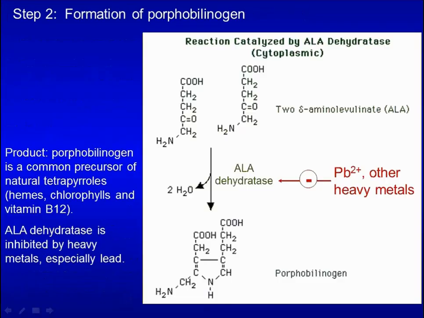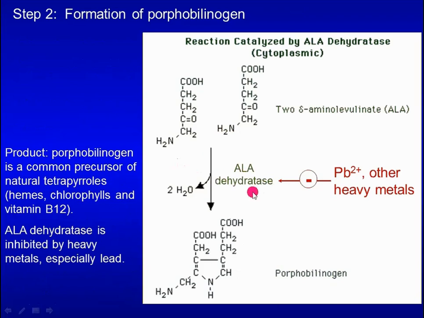In the second step, two molecules of ALA are condensed to form porphobilinogen. Porphobilinogen is a common precursor of all natural tetrapyrroles, including hemes, chlorophylls, and vitamin B12. This reaction is catalyzed by ALA dehydratase.